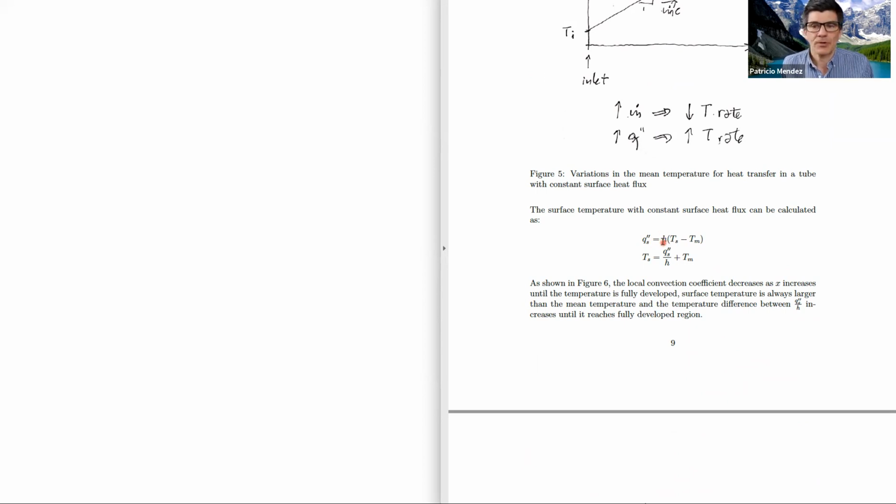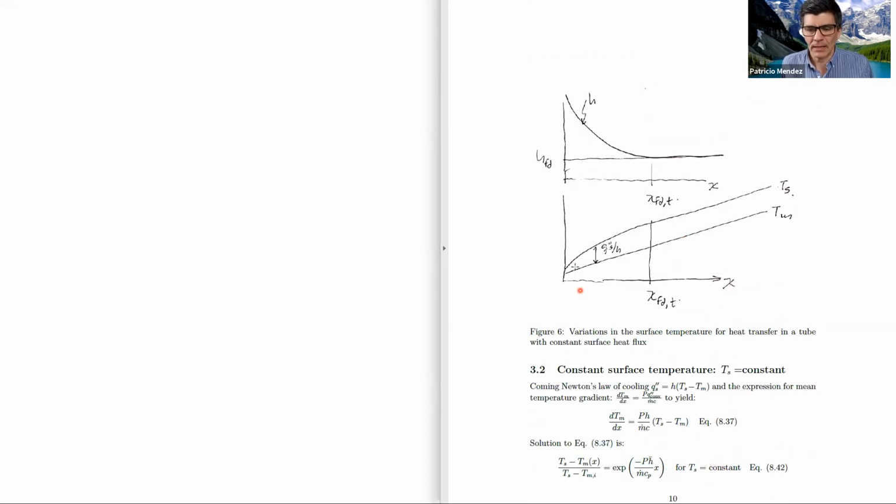So when the convection coefficient is high, the temperature jump would be small. This is what we see in the entry length of a pipe that is being heated: at the beginning, the surface temperature of the pipe is pretty much the same as that of the fluid because of the high convection coefficient. And once it reaches the entry length and the fluid is fully developed thermally, there is going to be a temperature gradient that is constant through the length of the tube.